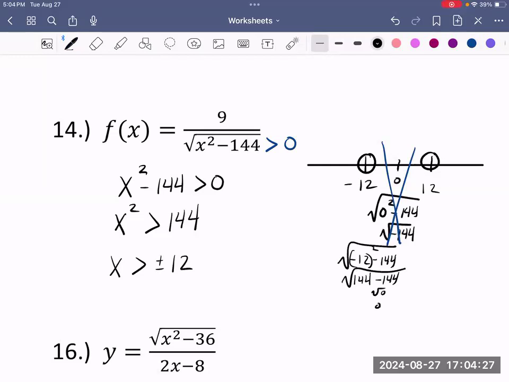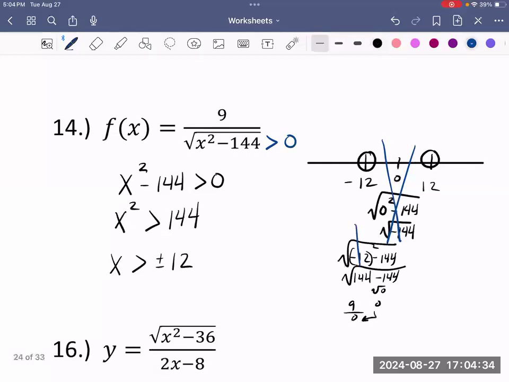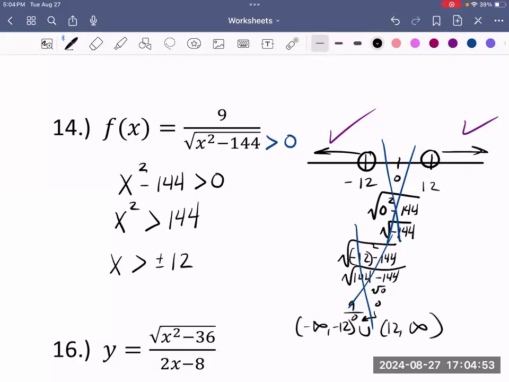But keep in mind, this is over 9. So 9 over 0 is not okay. So that's why we have open circles here, which means if we test these outer numbers, these parts will be okay. So we're going to go from negative infinity to negative 12, and then 12 to infinity.